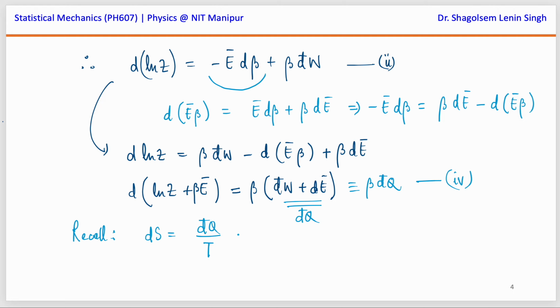So beta is 1 over kT, right? So you multiply up and down by k, this Boltzmann constant. So this is dS by k, Boltzmann constant. Oh, I have not used subscript B, so let us stick to k only, equal to beta dQ.